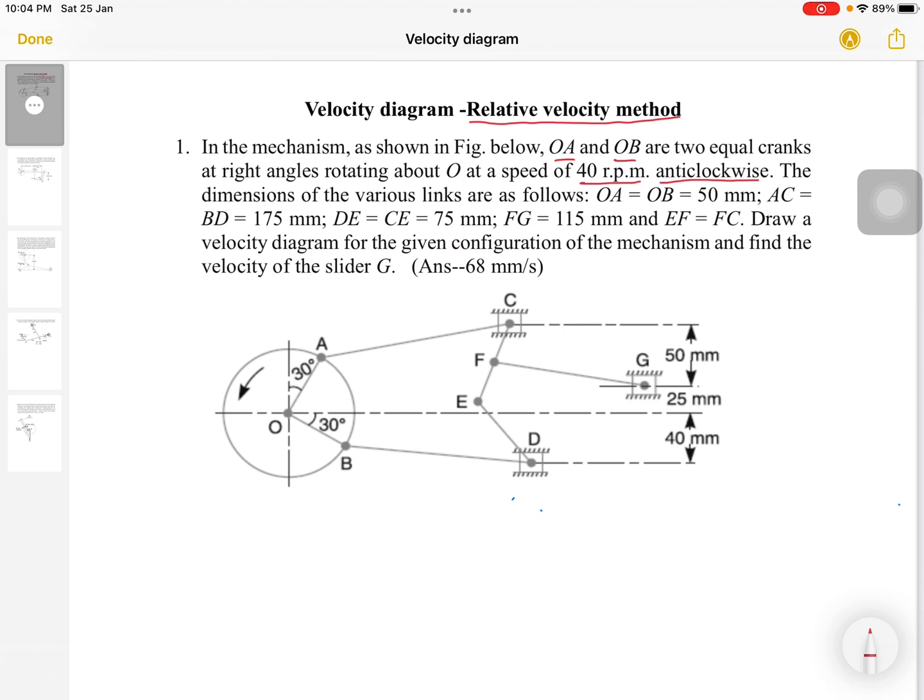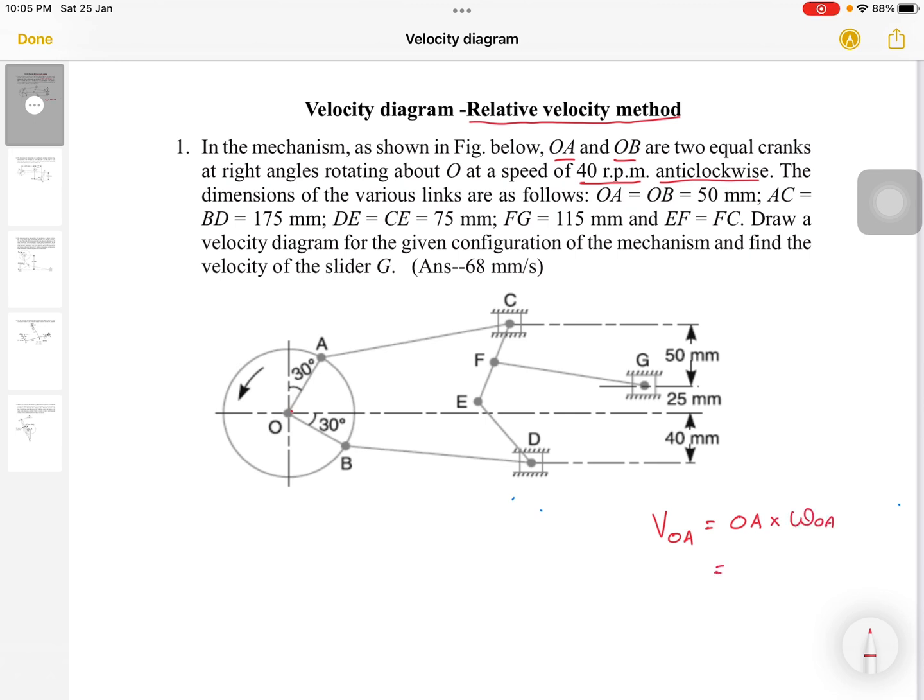When you start the diagram, first we have to calculate the linear velocity of the crank. The given angular velocity is first converted into linear velocity. V OA is equal to OA into omega OA.